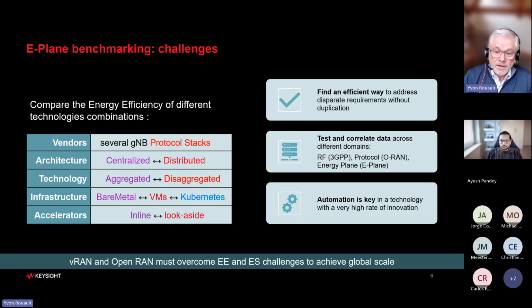And last but not least, very important as well, the test method has to be automated. Why? Because, as I said, there are lots of parameters to be tuned to optimize the energy consumption. So, of course, if you change a parameter, you need to redo all the measurements and make some conclusions out of it. And you have to change the parameter or the parameters again.